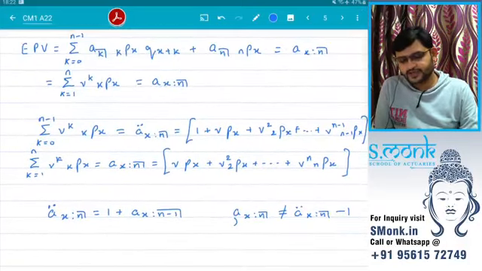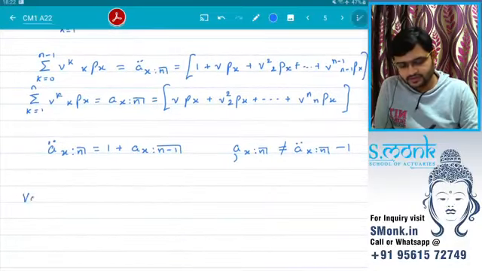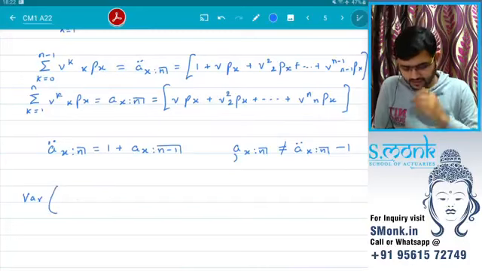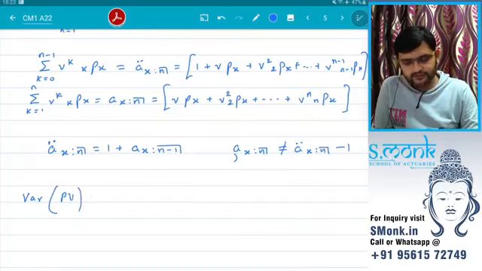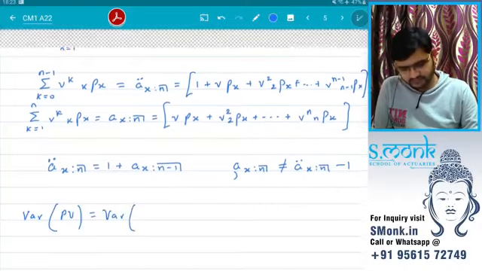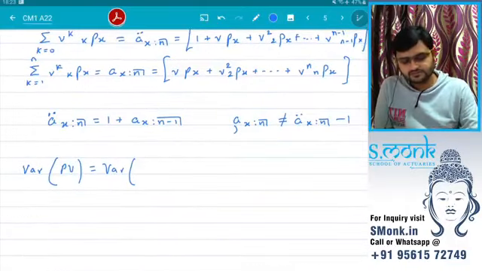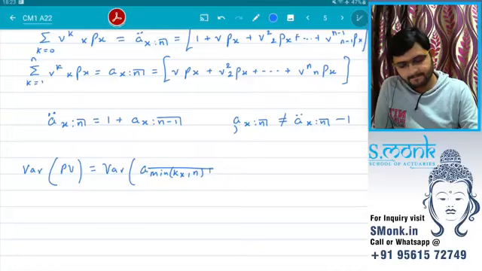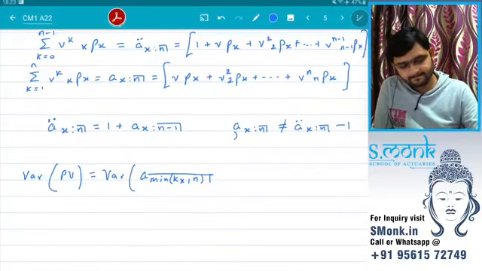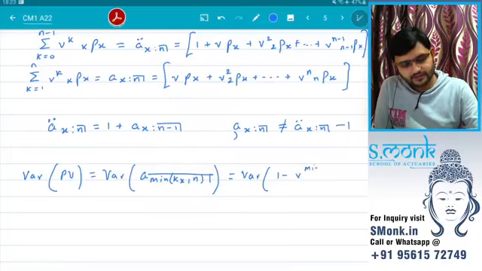So this was our expected present value. What about variance? Variance of present value we'll say is equal to variance of, this is what our present value was, 1 minus v raised to minimum of kx comma n upon i.